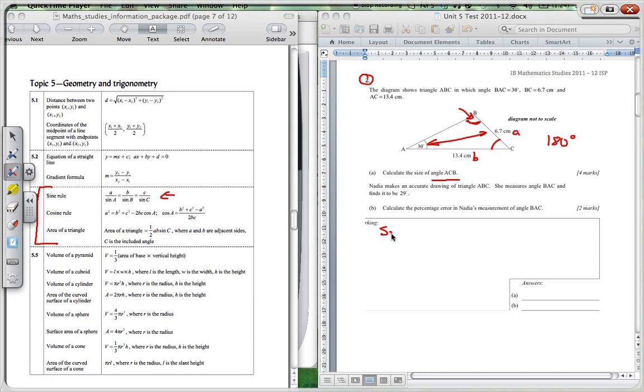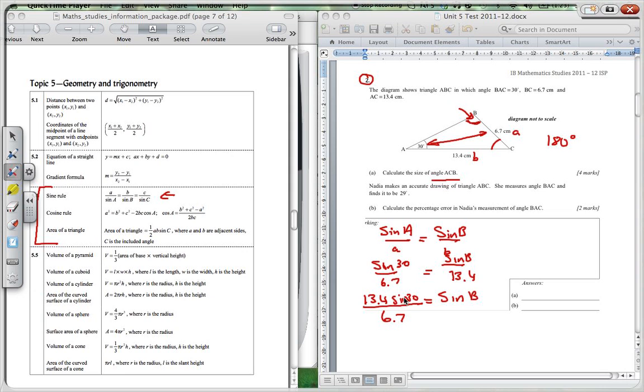So I'm going to get sine A over a is equal to sine B over b, and so I'm going to put sine 30 divided by 6.7 is equal to sine B, which I'm trying to work out, over 13.4, and therefore sine B is going to equal 13.4 times sine 30 divided by 6.7.